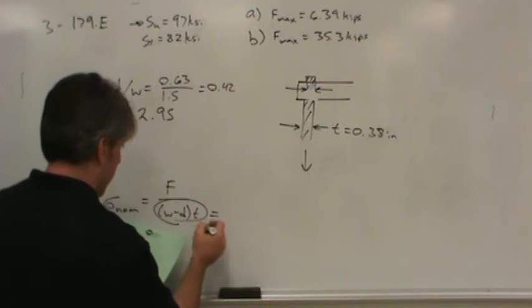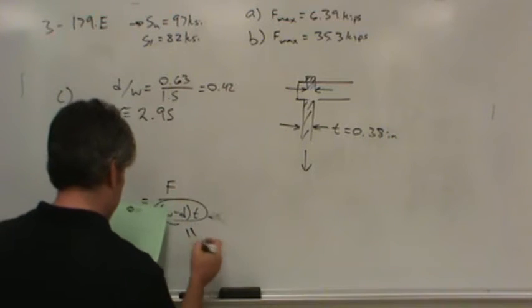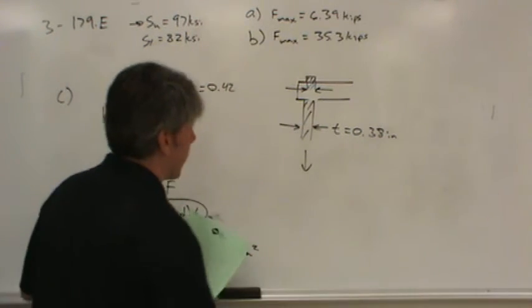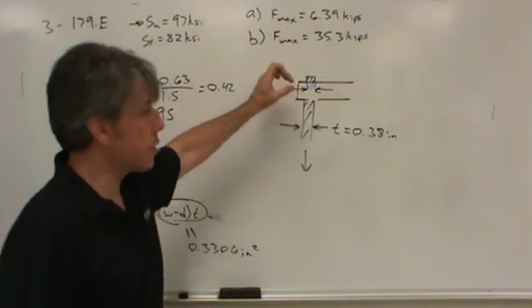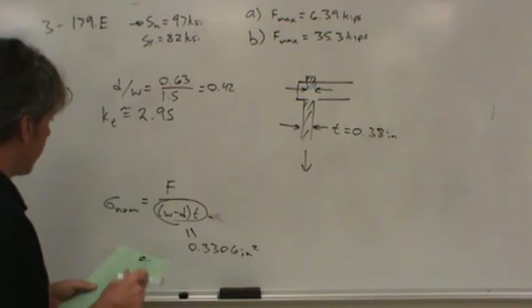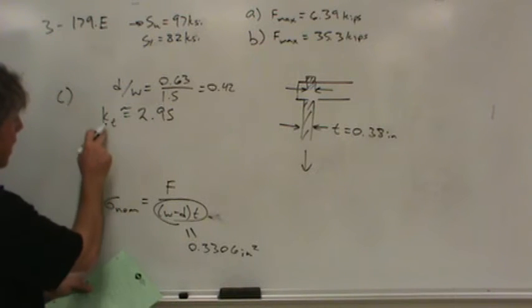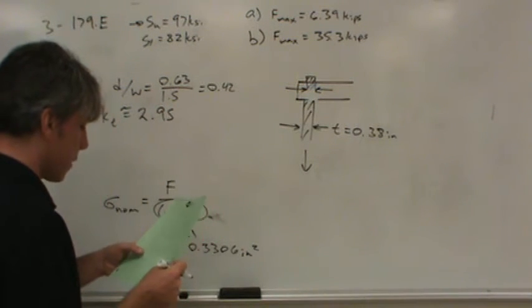I'll just make a note that when I did that I got 0.3306 square inches, but we have to be careful again because we've got 2 link plates, right? So there's this area on both sides to consider. Not only that, but this nominal stress, we'll have to multiply it by the stress concentration factor. We have to work all that into this.